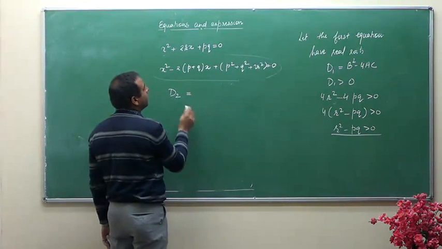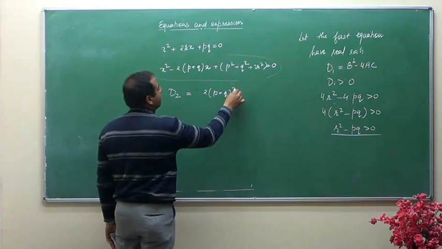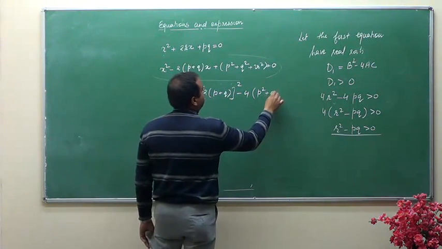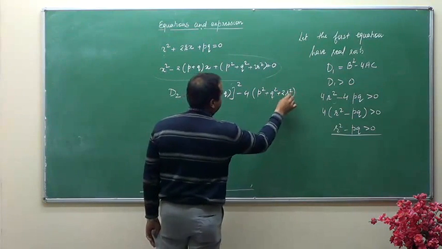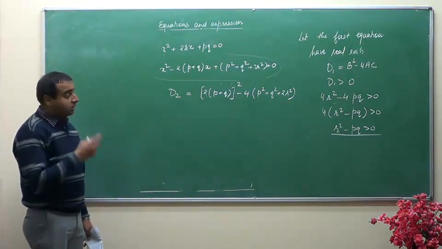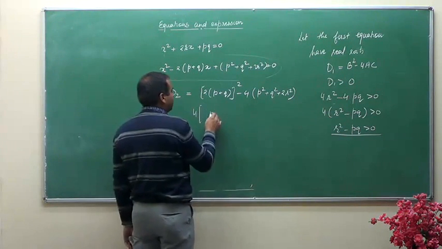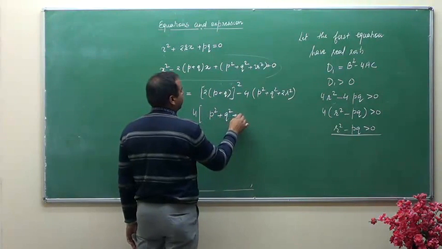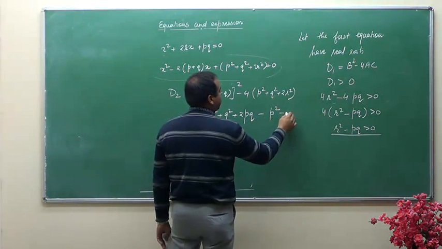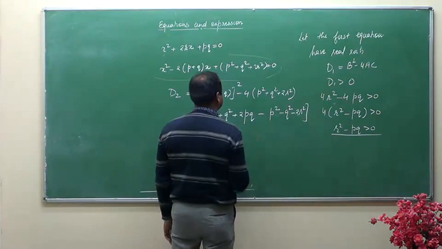What is d2? d2 is (2(p plus q)) whole square minus 4 times (p square plus q square plus 2r square). 4 common, p square plus q square plus 2pq minus p square minus q square minus 2r square.